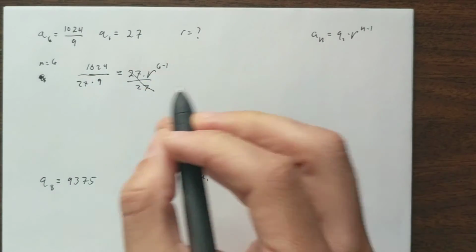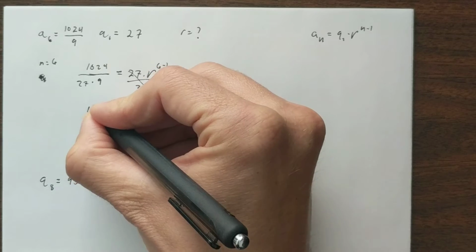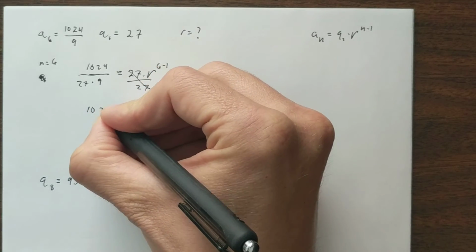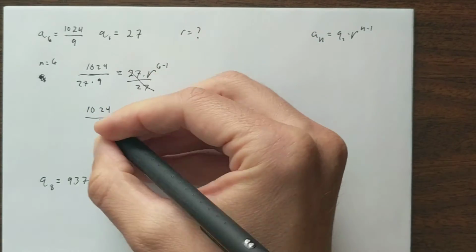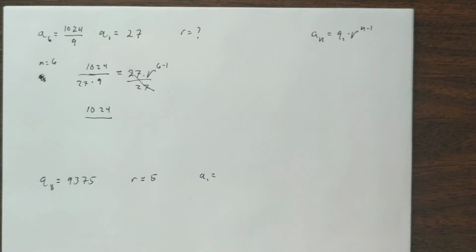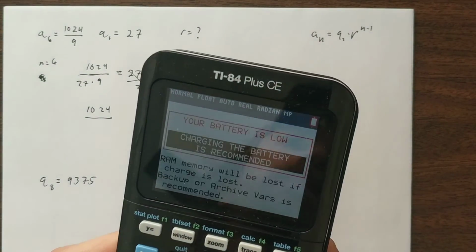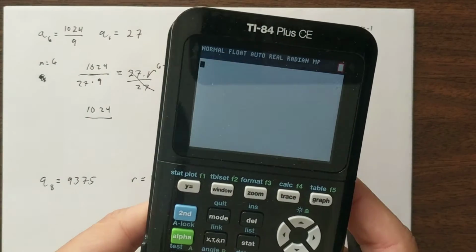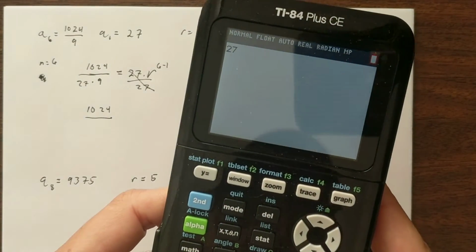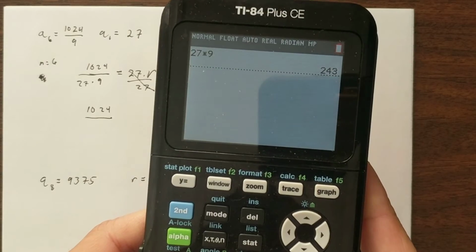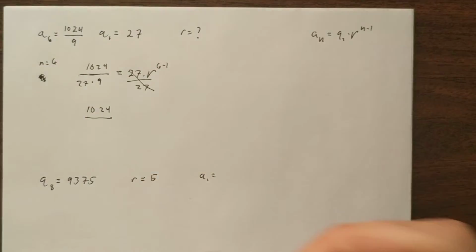So there we go. Now what we have is 1024 divided by 27 times 9. If you need a calculator, get that out and do 27 times 9. 27 times 9 is 243.